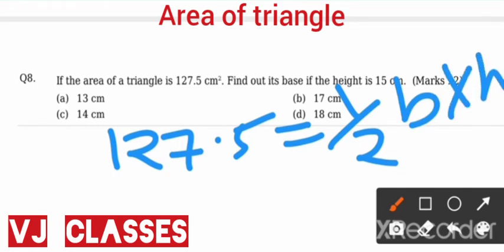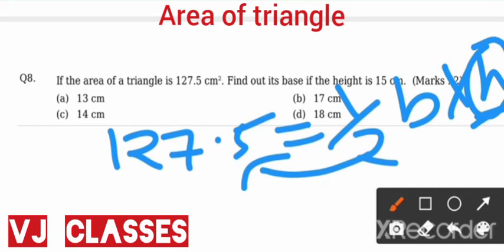Okay, now understand this 2 will go there in multiply. It means 127.5 multiply with 2, okay. And base is not given, you have to find, and height is given 15. So base and height both are in multiplication. So the value of height, it means 15, it will go in denominator.